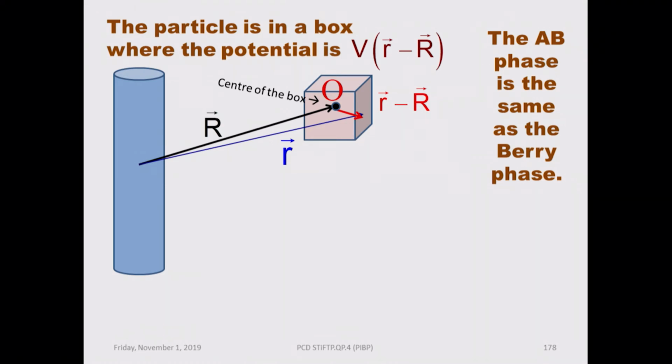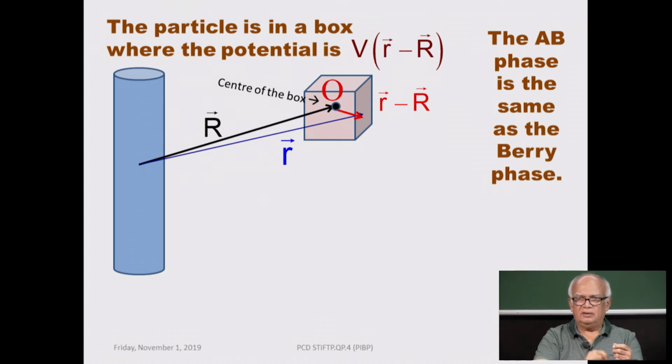So you consider a particle in a box, and you carry this box around an axis through a full rotation. So there is something that you are changing geometrically, but then you complete that and come back to the original geometry, and the potential inside that box, let us say, depends on the particular point in that box.